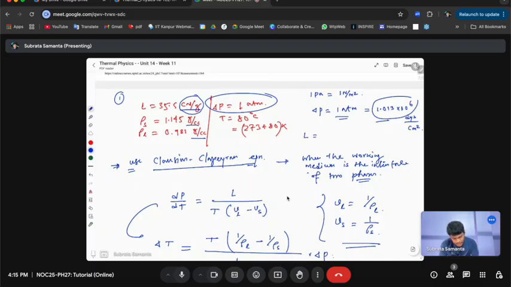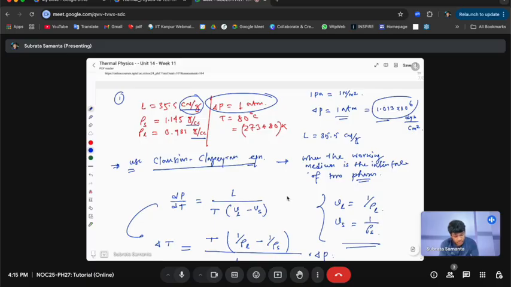Now, what is the latent heat L? L is 35.5 calorie per gram. The gram is fine, but the calorie we have to convert to CGS units. What is the CGS unit? It is erg.